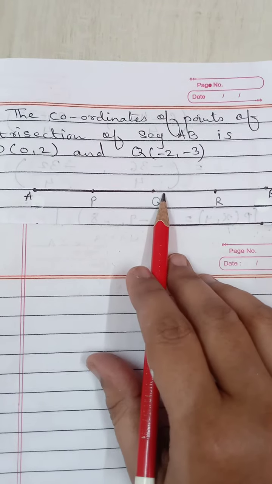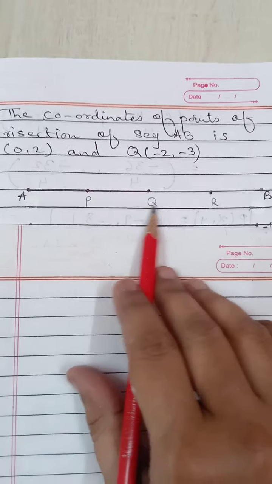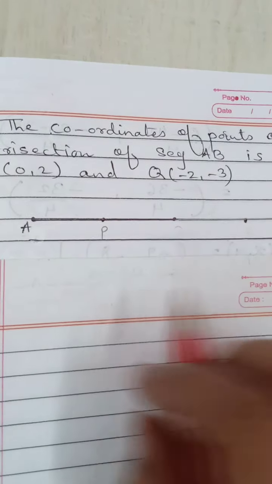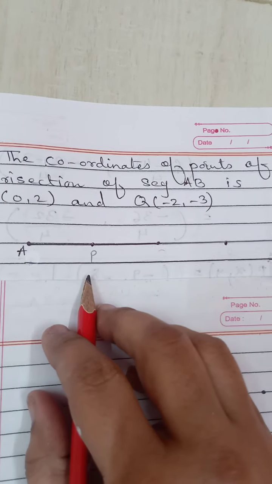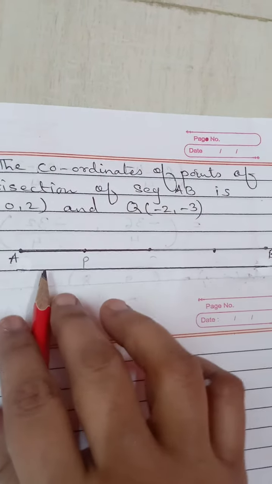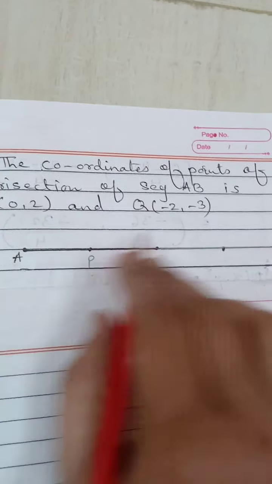Now first of all I will explain the ratio for point P. I will rub out these 2 points so there is no confusion. I have rubbed out these 2 points, only point P is there. So it will be easy to find the ratio. We know that all the 4 parts are equal, that means all have the same ratio.